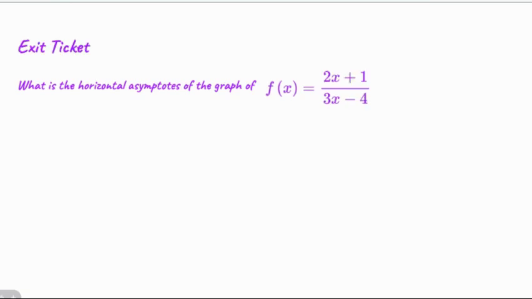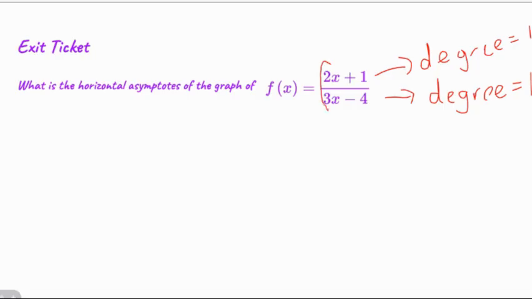And so the exit ticket, usually I leave this to you, but this time the degrees are the same. So I actually want to give you an example of one where the degrees are the same. We got a degree of 1, and we've got a degree of 1. So this is what to do when you have the degrees that are the same, okay? Look at the lead coefficients and don't look at anything else.